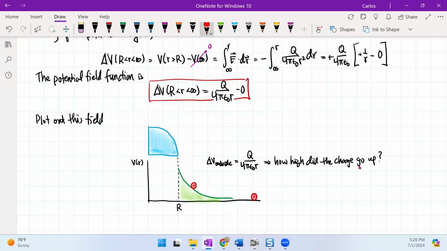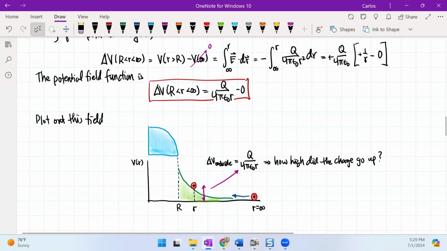I'm seeing that this is a positive test charge. I know that this is at R equals infinity, and then this point here is R. So what am I doing? I am pushing my charge up this incline. And we asked the question, how high did it go? Well, it went this high. And that height right here is that value right there. That's what we just calculated. How high did the charge go up on the potential curve?